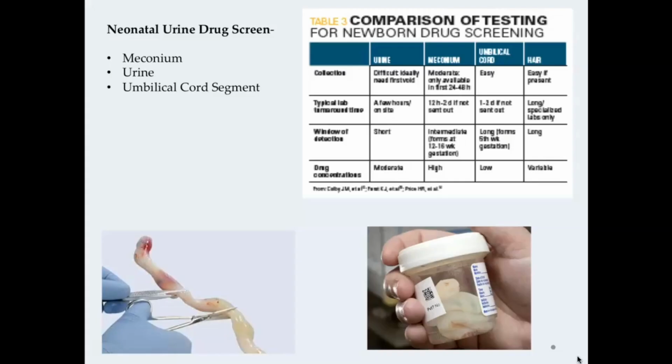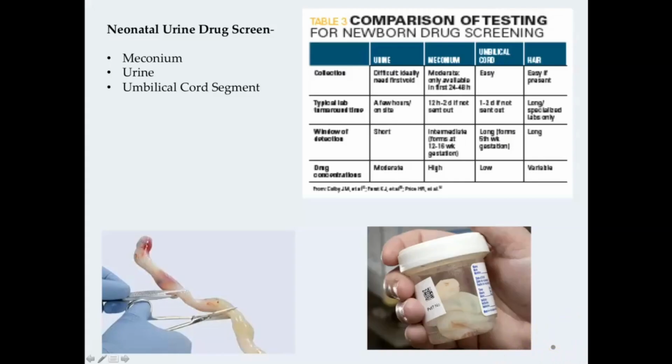And the lab will collect a piece of tissue off of the umbilical cord to test for any drugs. The reason why we switched to the umbilical cord segment screening as opposed to meconium is because you can detect drug use or drugs in the system a lot longer and earlier in the pregnancy as opposed to doing meconium or a urine drug screen.